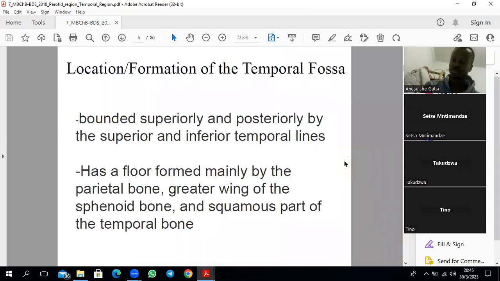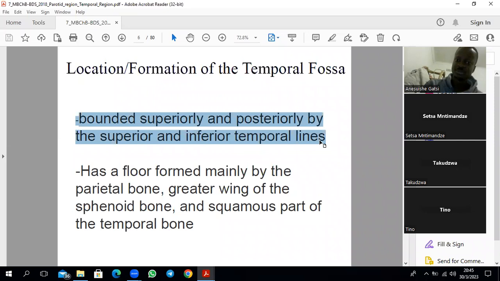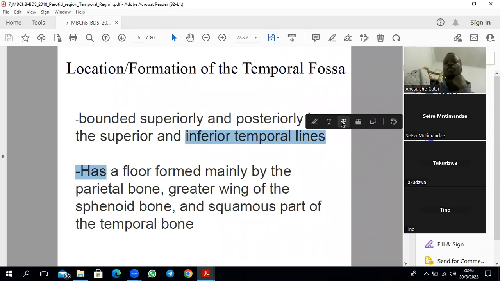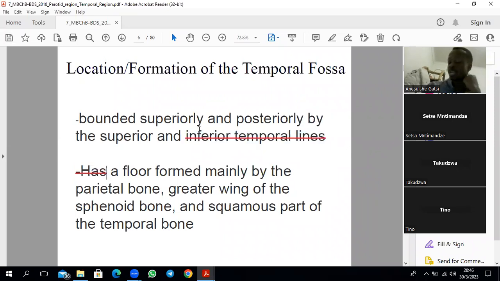Right. So then why do you think that this statement reads this way, to say that the temporal lines are the superior boundary? The correct thing there is to say that the superior boundary for the temporal fossa is the superior temporal line, right?